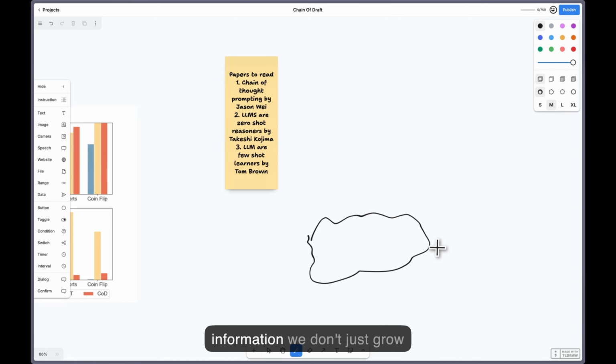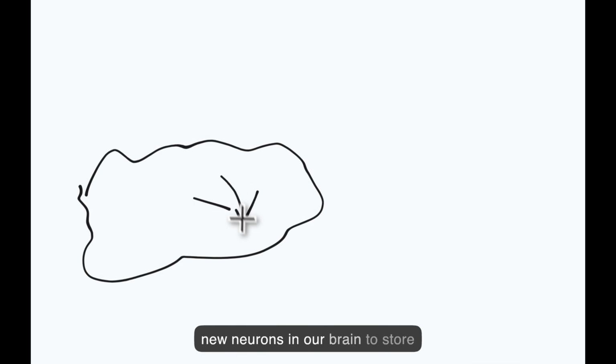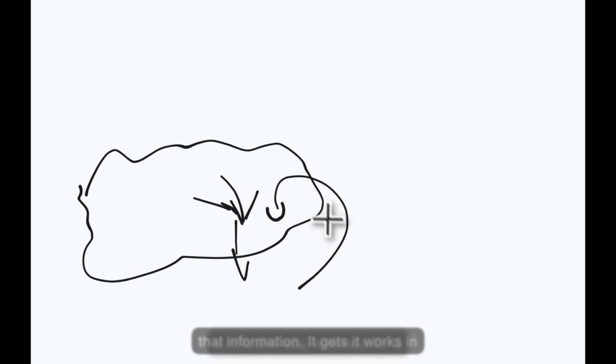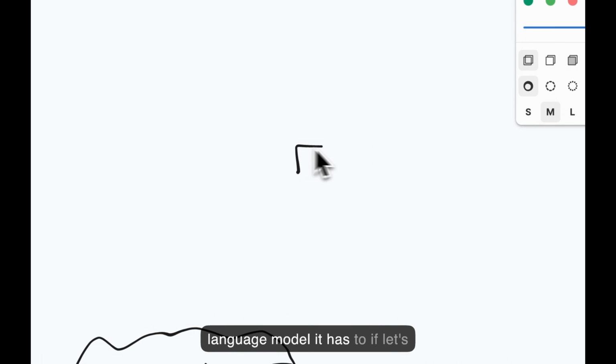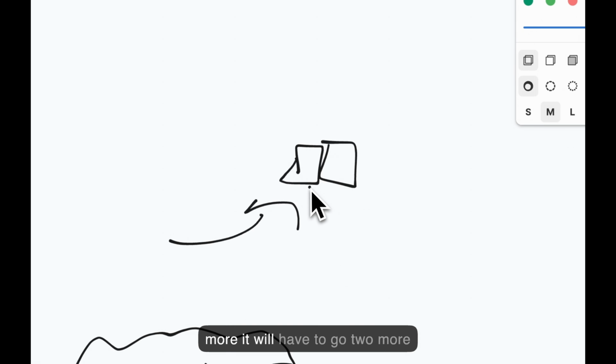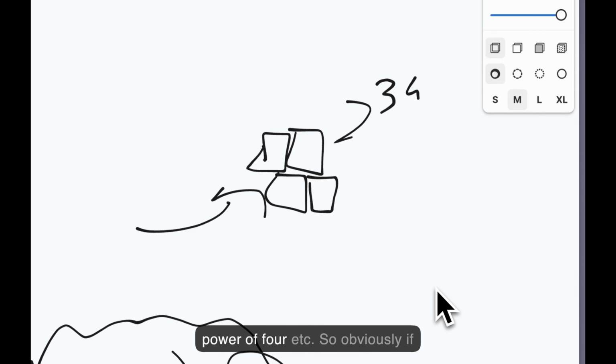Whenever we gain new information, we don't just grow new neurons in our brain to store that information. It works in a different way. Whereas for a language model, if it has two nodes filled with information and you feed it a bit more, it will have to go to two more nodes. So four nodes' worth of information, and this multiplies, maybe like square, cube, to the power of 4, etc.